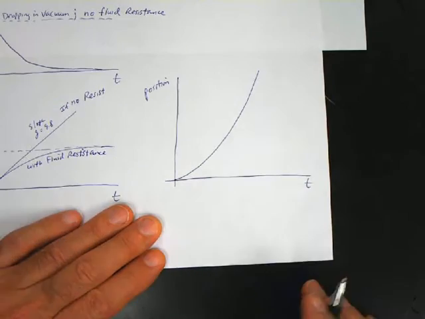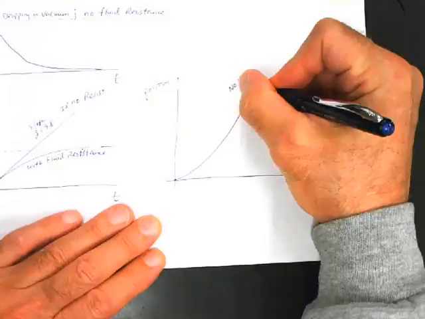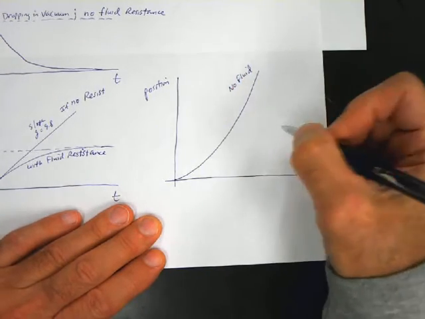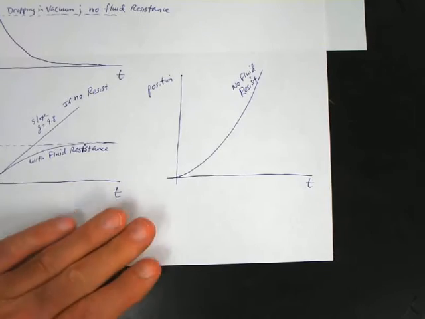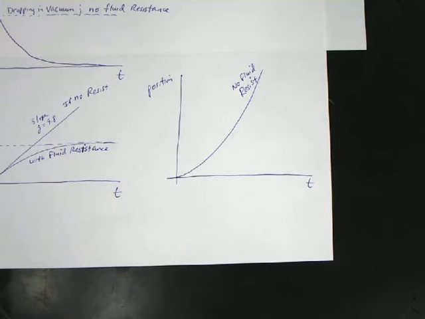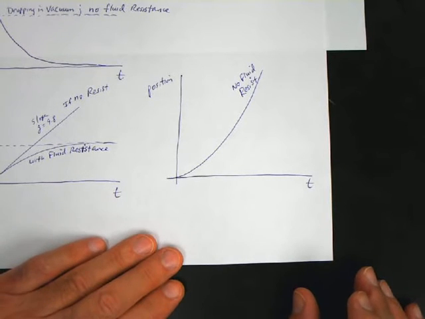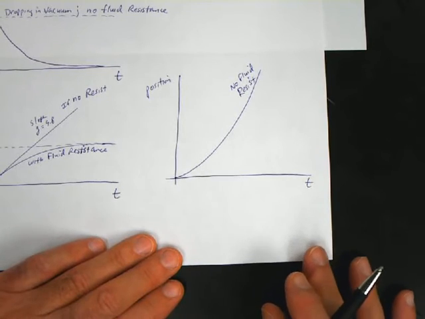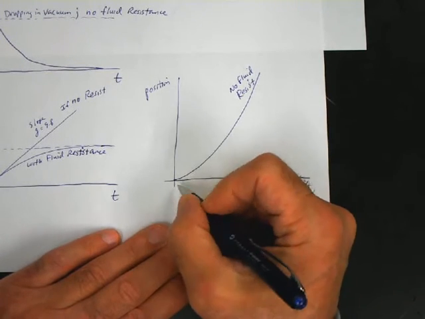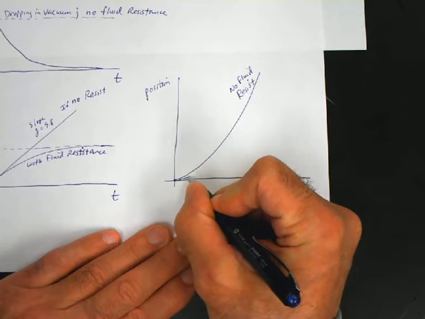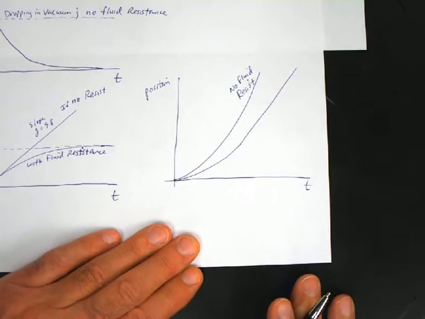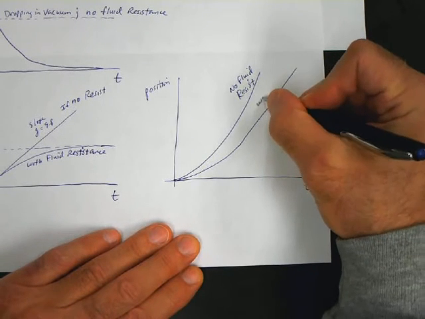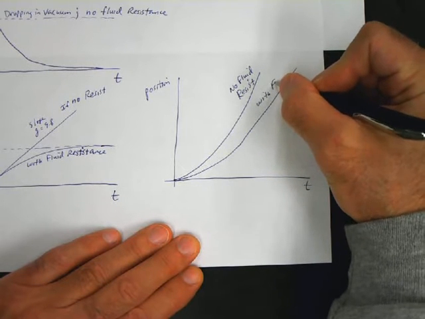Okay, so this is no fluid resistance. But if there is fluid resistance, the curve straightens out. So it might be curvy at first, but then straightens out. So this is with fluid resistance.